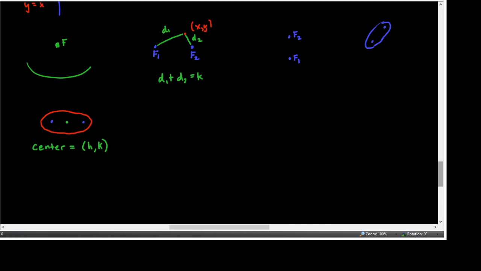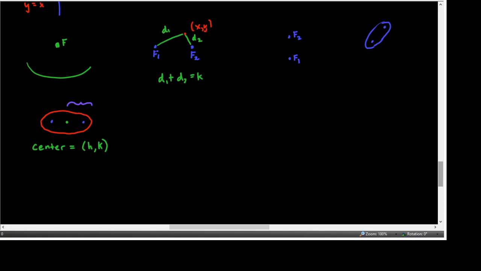Right, so we're going to label some distances here. Let's see. We're going to call the distance from the center along the longer direction. I didn't say this before, but the ellipse is longer in the direction that the foci and center lie on.